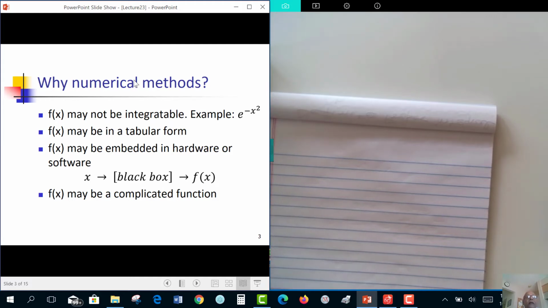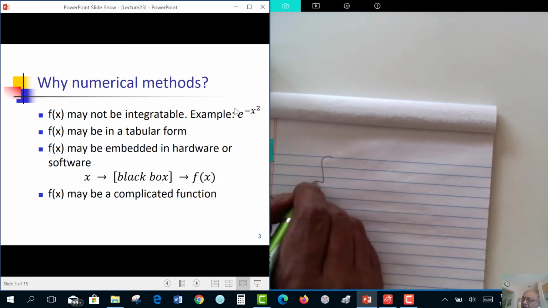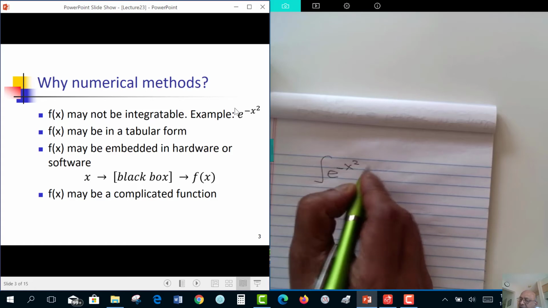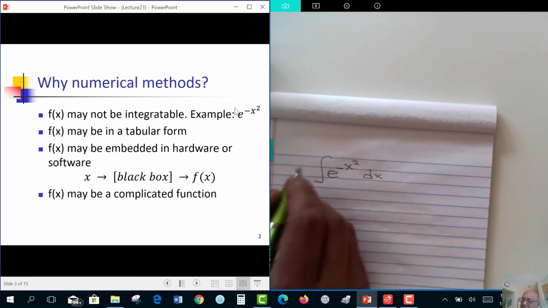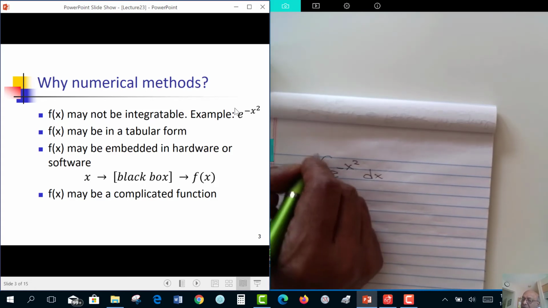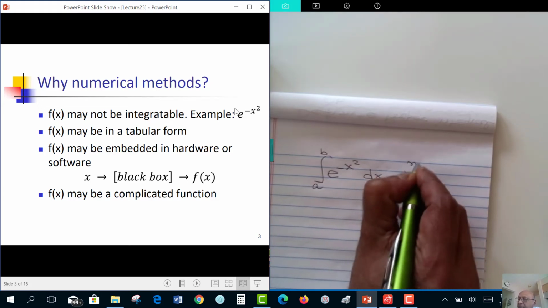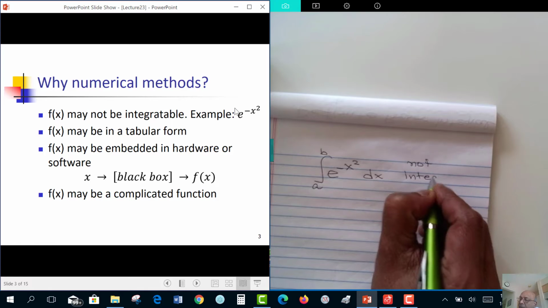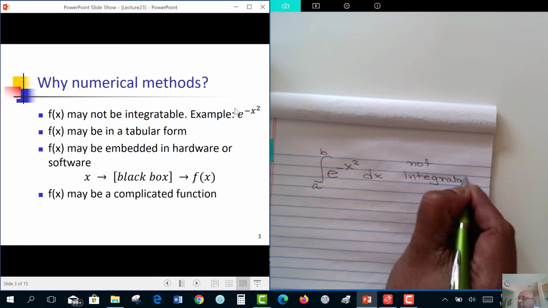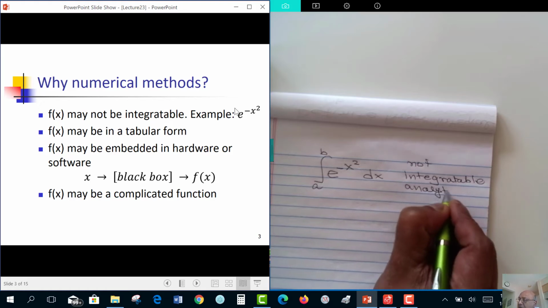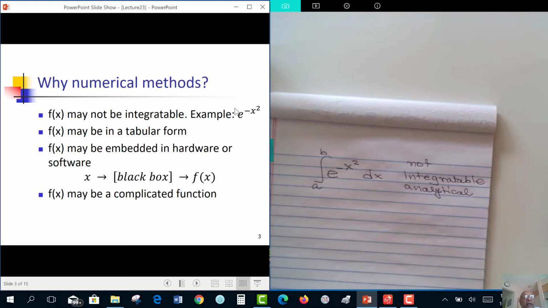So for example, let's suppose we want the integral of e to the minus x squared with respect to x from some limits. This is not integrable analytically. So all we can do is numerical integration.